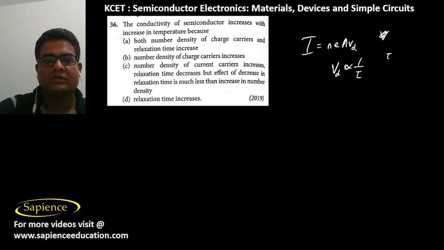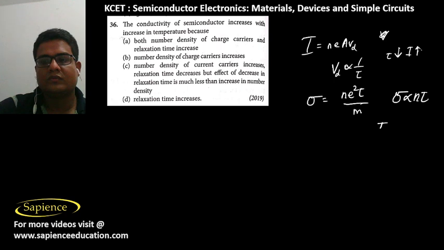So the relaxation time decreases. If the relaxation time decreases, then the current increases. Now the conductivity sigma is equal to N e square tau by M. So it means sigma is proportional to N into tau.